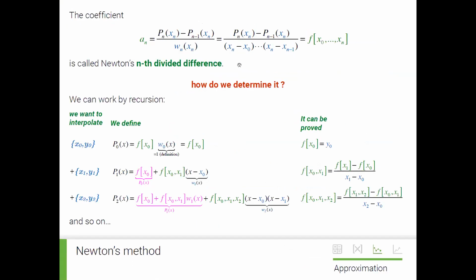So when we replace Wn with this expression, we get a function depending on how many variables? n plus 1 variables, beginning from x0 up to xn. This is called Newton's divided difference.